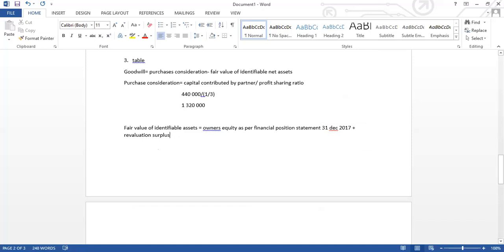So we said a fair value equals our owner's equity. Going back to our activity, what is our total owner's equity? What is our total equity?